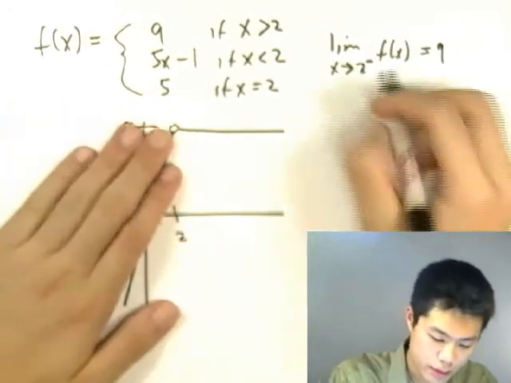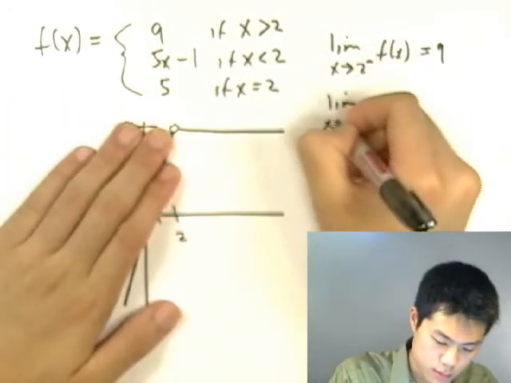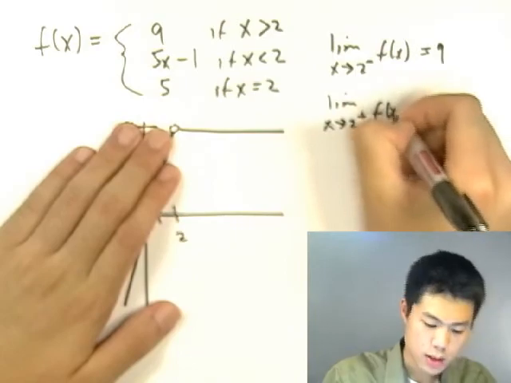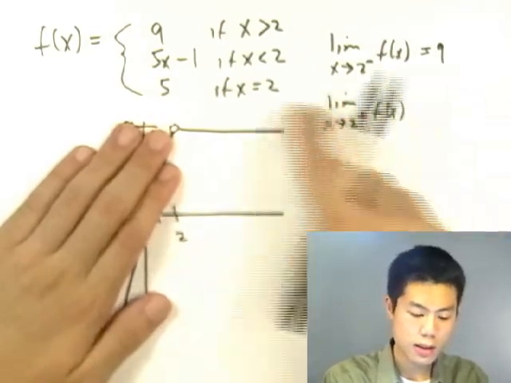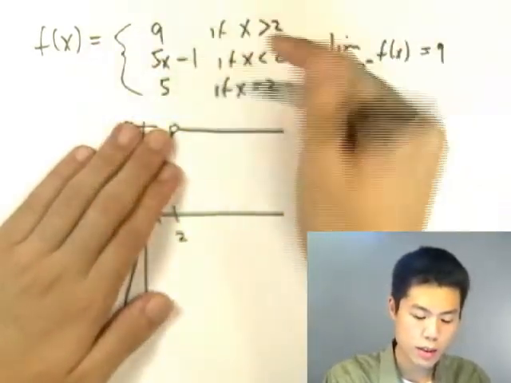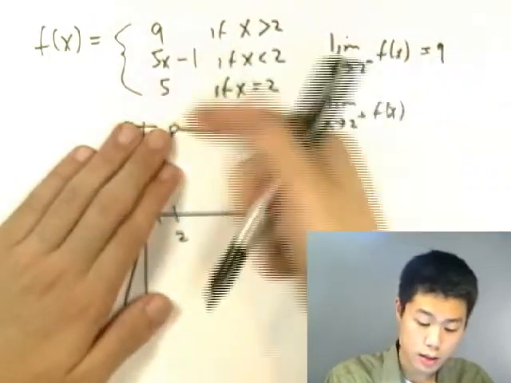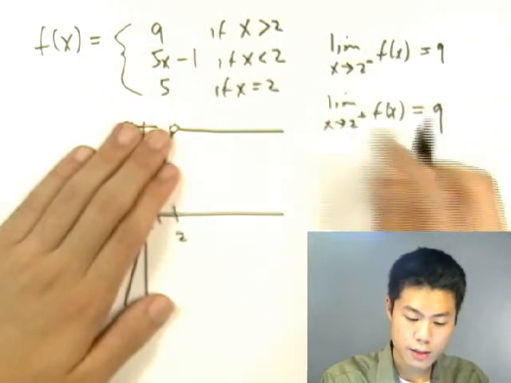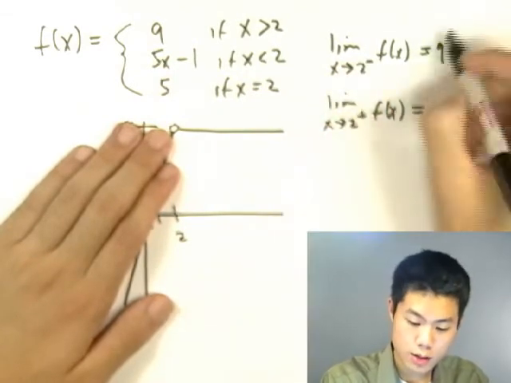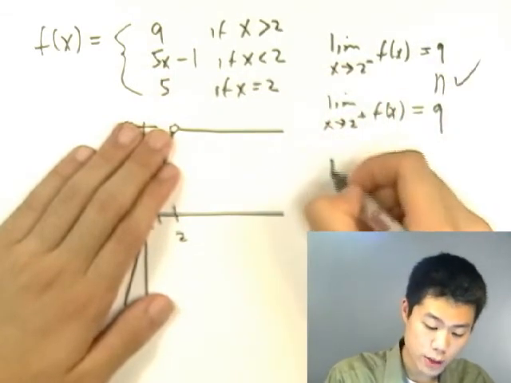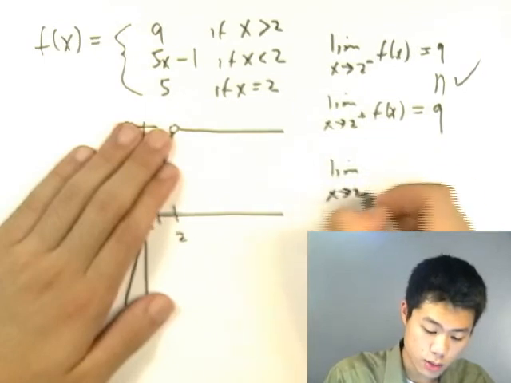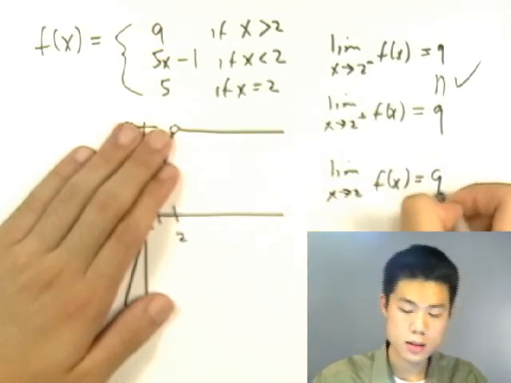Let's do a right-hand limit. If we come in from the right with numbers that are greater than 2, it equals 9. And then, the left limit equals the right-hand limit. These two are equal, check. Therefore, we do have a limit, and this limit is equal to 9.